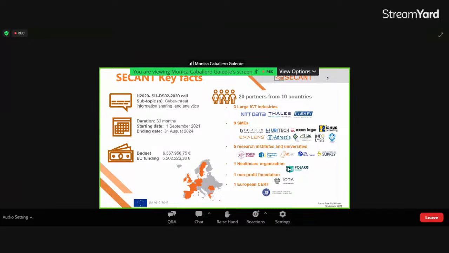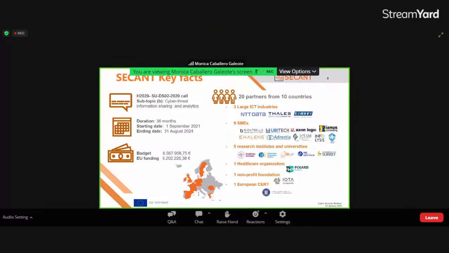Let me start with some key facts. It's a project that was submitted to the call of Threat Information Sharing and Analytics. It has a duration of 36 months, and it was kicked off last September 21, and it will last until August 24. It has more than 6.5 million euros of budget, with more than 5 million of European support.